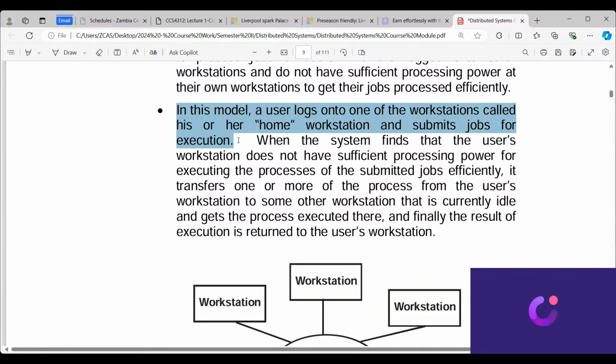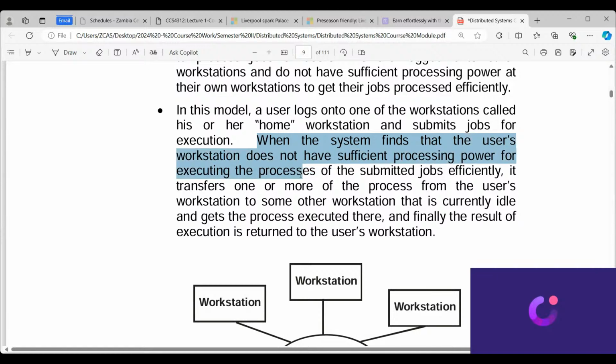Now, when the system finds that the user's workstation does not have sufficient processing power for executing the processes of the submitted job efficiently, it transfers one or more of the processes from the user's workstation to some other workstation that is currently idle and gets the processes executed there.